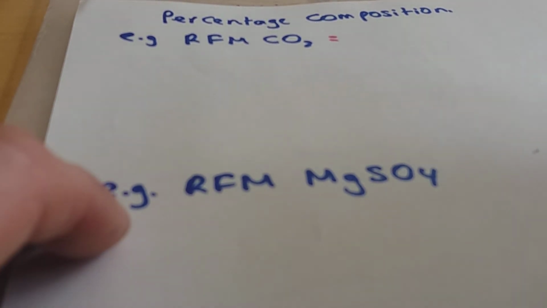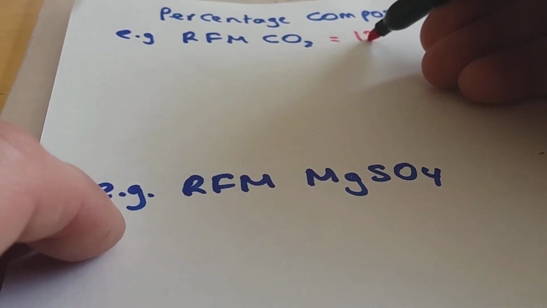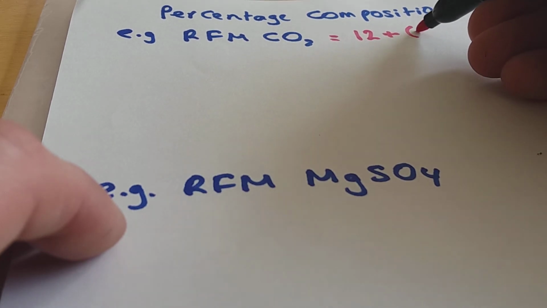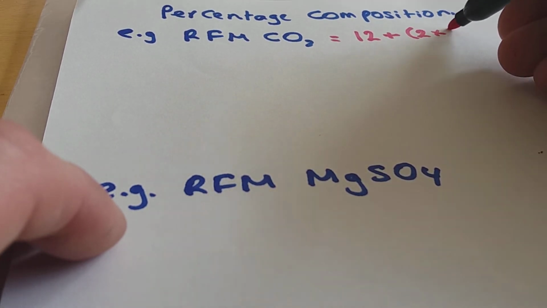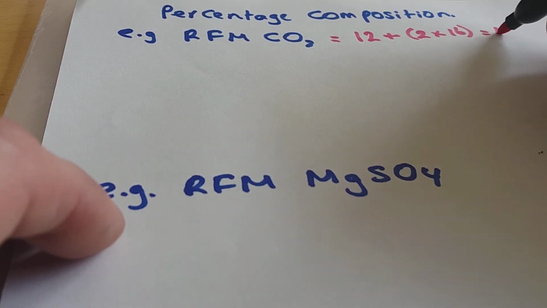That's why I said the relative formula mass is by far the most important calculation that you will do. So, if we look at this, there's one carbon which has a relative atomic mass of 12. If we look at the formula, there are two oxygens with a relative atomic mass of 16. So 2 16s are 32 and 12 is 44.